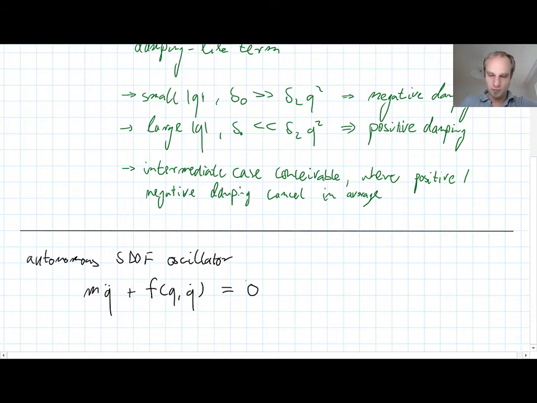And now we extend, compared to the conservative case, this term. So this is not only a function of q, but now we have also the dependence on the velocity. This is now a difference to the conservative case.